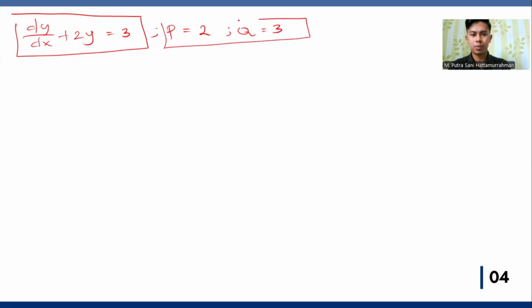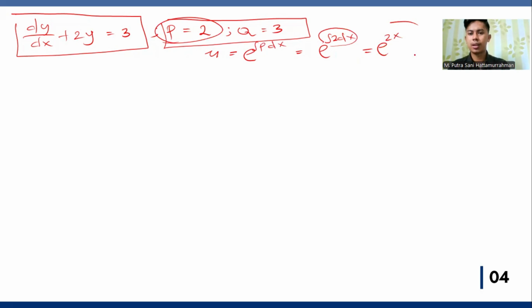Once you have found p and q, the next step is to find the integration factor. Its formula is e to the power integral p dx. We can substitute p equal to 2, so we have integral 2 dx. Integrating 2 dx, we have e to the power 2x, and that is mu, the integration factor.